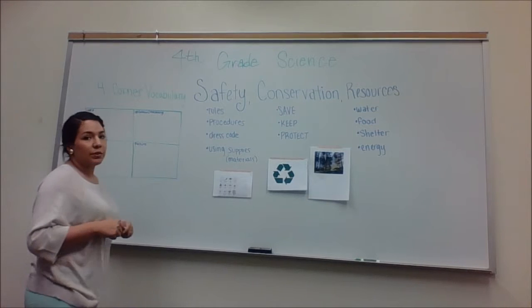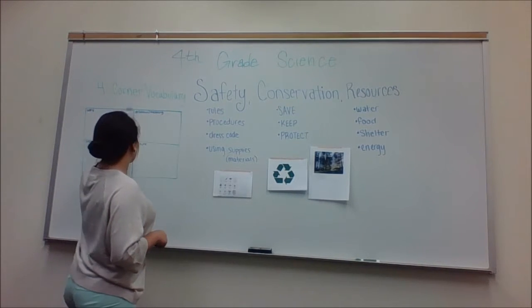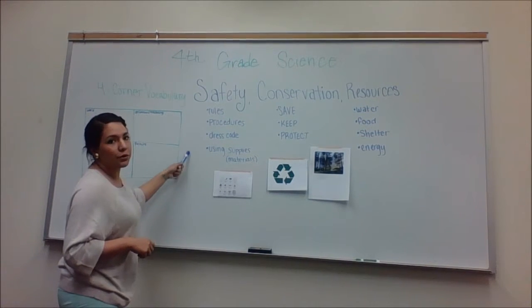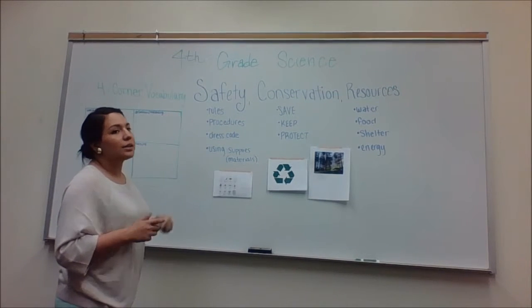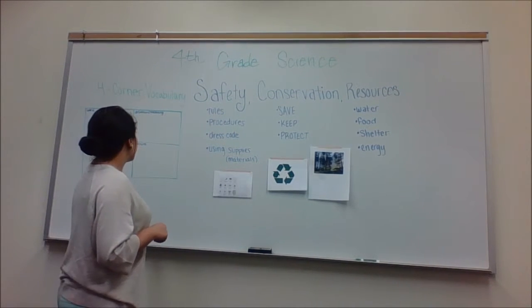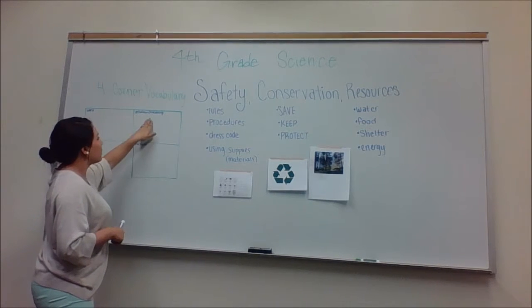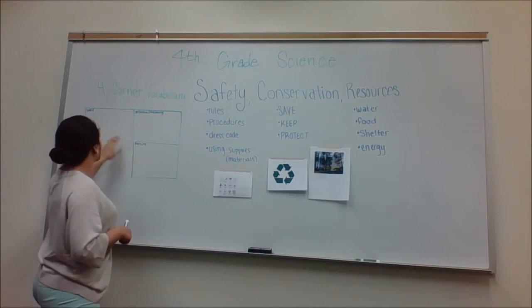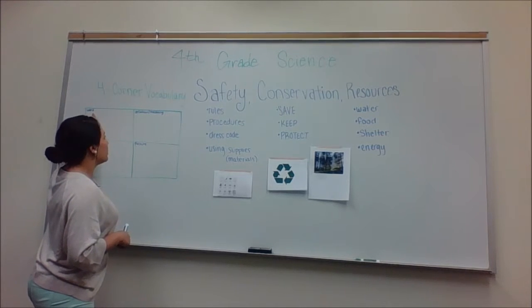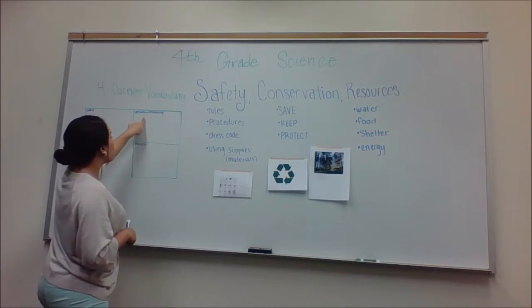So what I need you to do is draw your big rectangle that you use for your four-corner vocabulary. I know this isn't the first time we've done this. So go ahead and do that. And remember to label your boxes or write the different words in your boxes. You're going to write your word, your definition, which is your meaning.